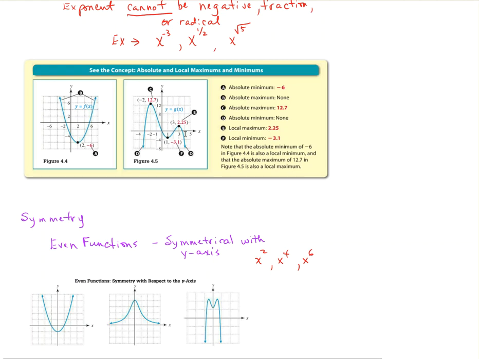So a local max is right here. See, we're going up and then we're down. So that's kind of a local max, and that's 2.25. The local min is -3.1. So you can have locals and absolutes, and that is certainly a possibility.